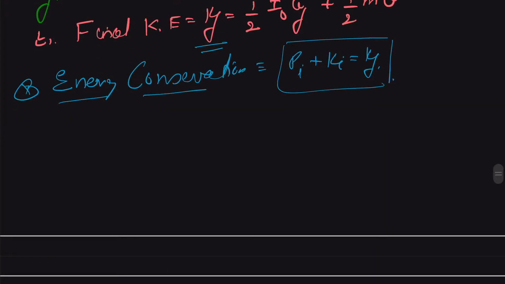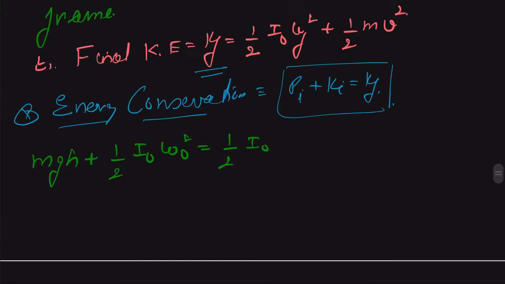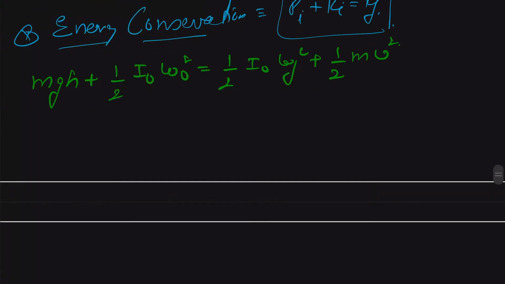We substitute them, and we get mgh plus half I naught omega naught square is equal to half I naught omega f square plus half m v square, and we can just rearrange it with respect to v.